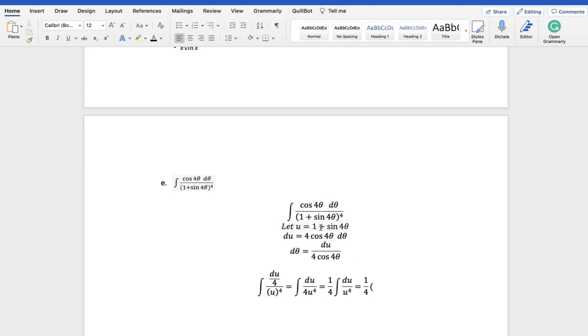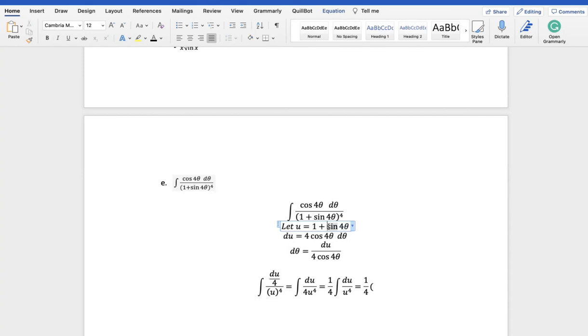So if it was cos 3 theta, it was going to be 3 cos 3 theta. Yes. Okay, thanks. Chain rule. It's the chain rule. Remember, guys, when you have the chain rule, you take the derivative of the outside function multiplied by the derivative of the inside function.